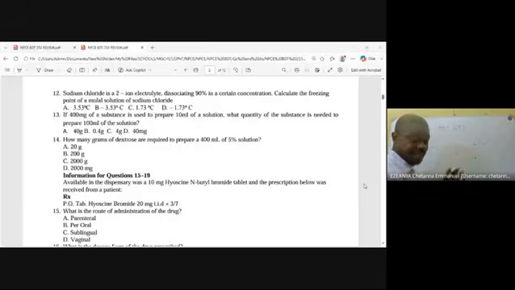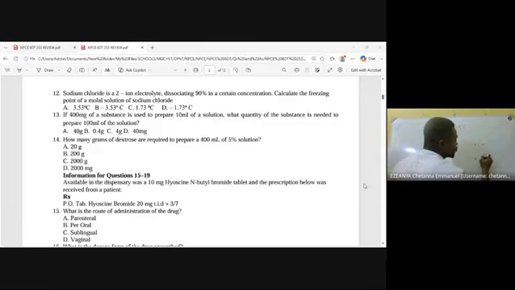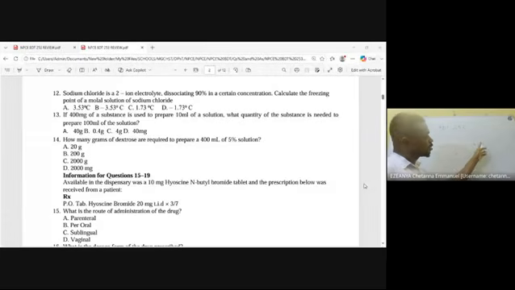Depending on the concentration, it will come down to, let me assume, minus 1.86 degrees Celsius. It moved from 0 degrees Celsius to minus 1.86. Have you now seen that? This is when it was only solvent. This is the solution formed. Has the freezing point of water been depressed?